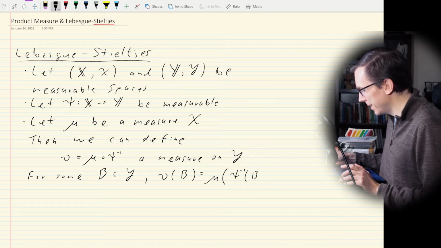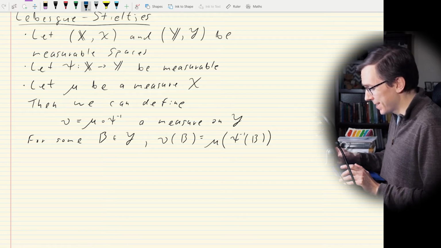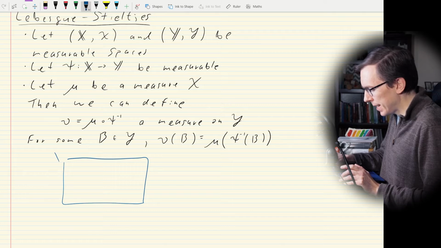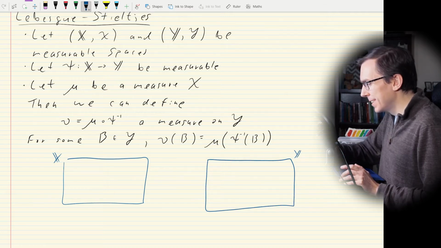So what's happening here, if we draw a picture, because I love pictures, if we have space X and maybe we have space Y over here, which of course are going to look like rectangles, because why not?